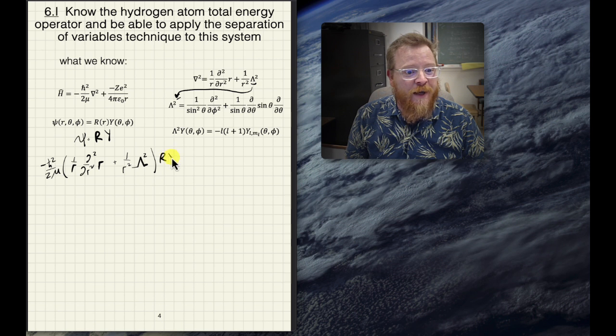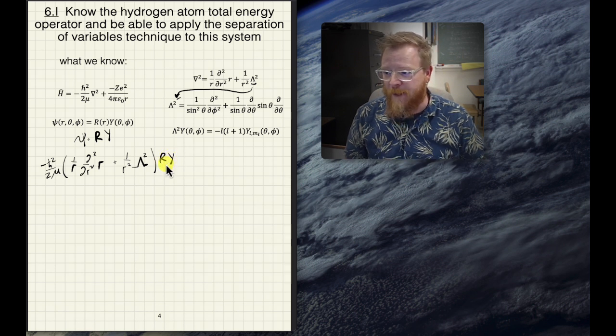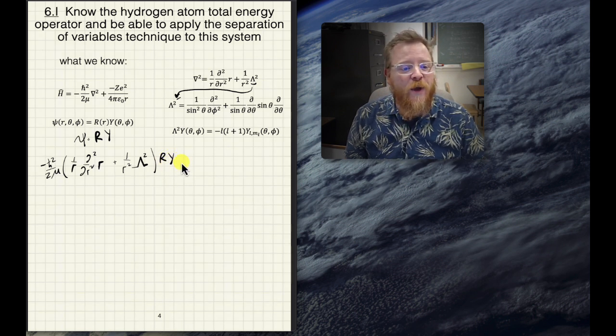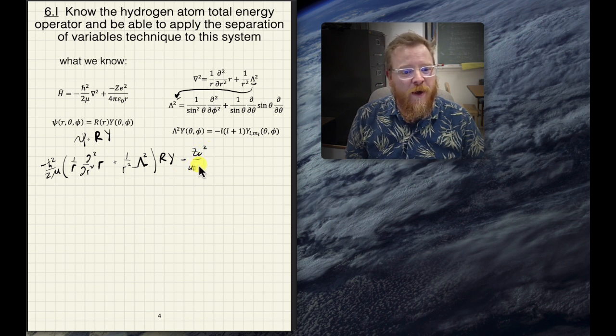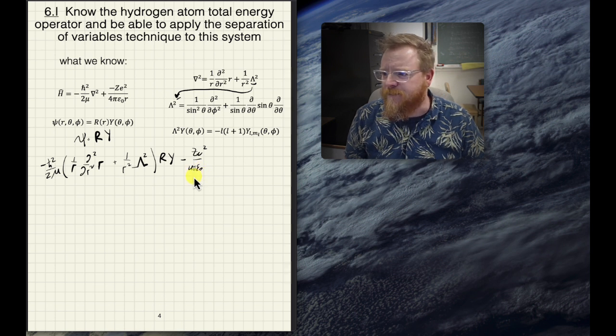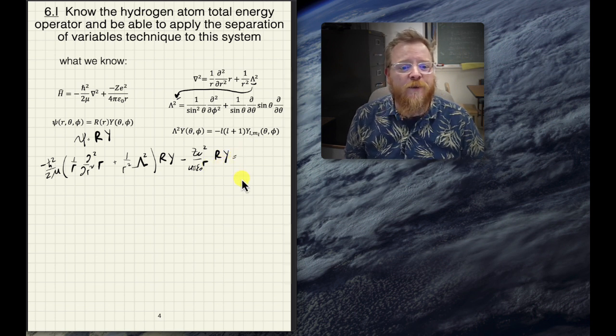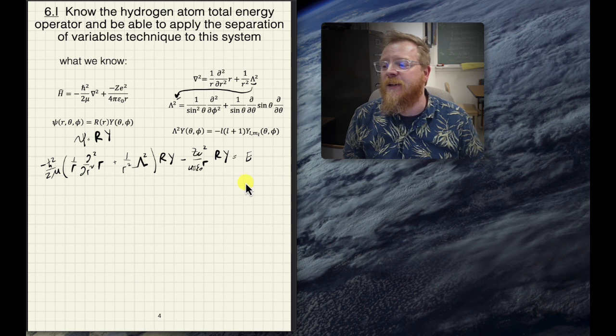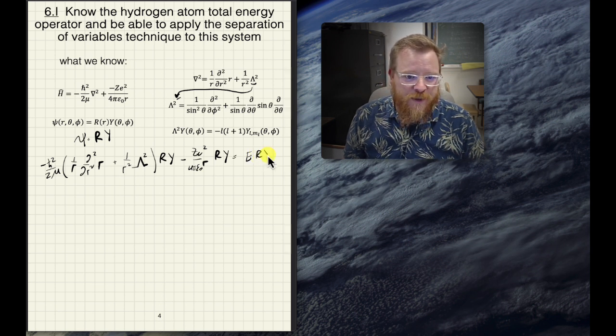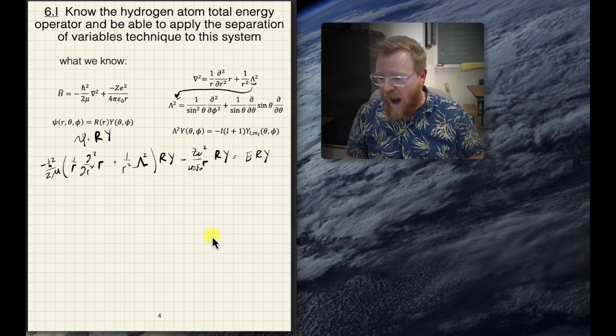So our psi is now ry, right? And then now we have our potential energy term, which is minus ze squared over 4 pi epsilon naught r, and that also operates on psi times ry. And now all of that equals E times psi, which in this case is ry.